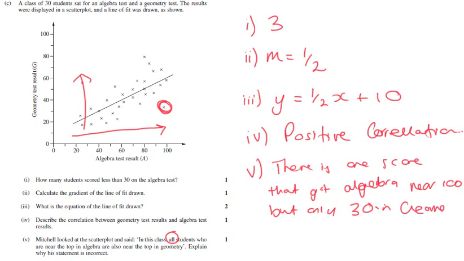Now, it's a very rough sort of comment, but that is an outlier which has an algebra result of nearly 100, but is also quite low on the geometry. So that comment that he made, because he put all, can't be correct.